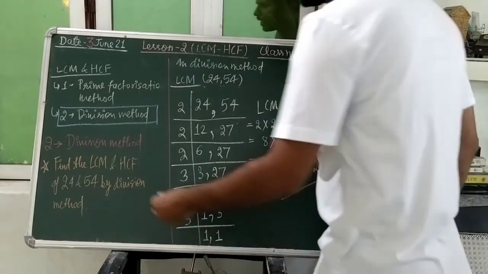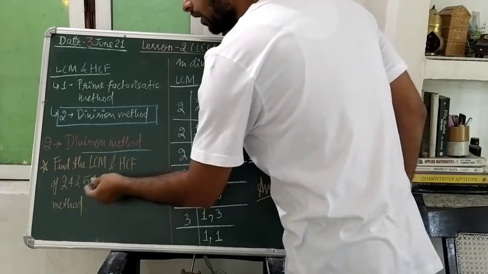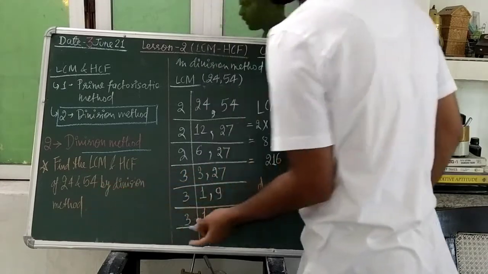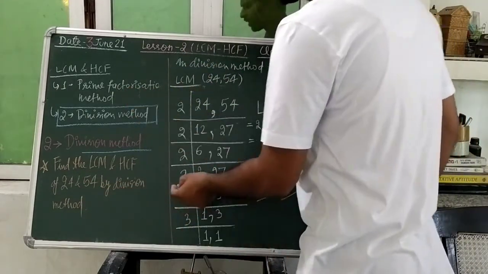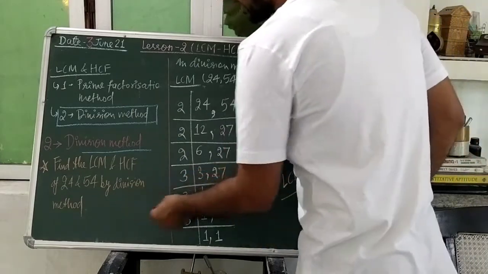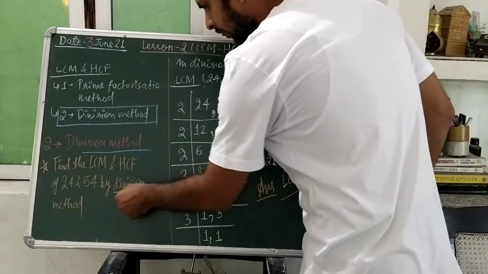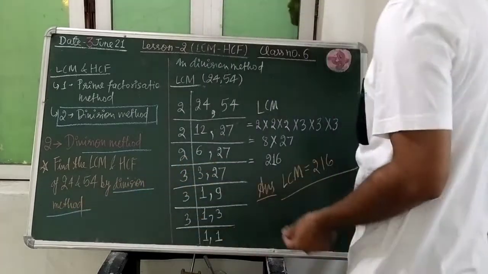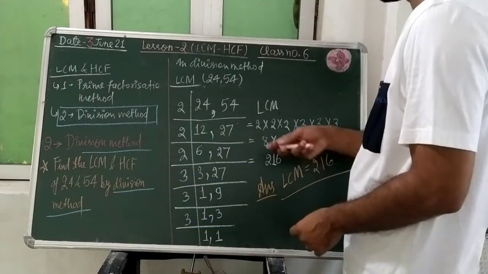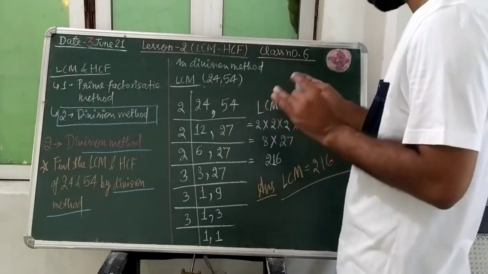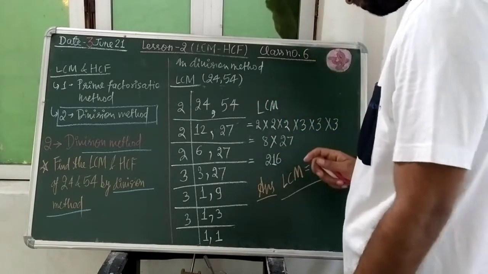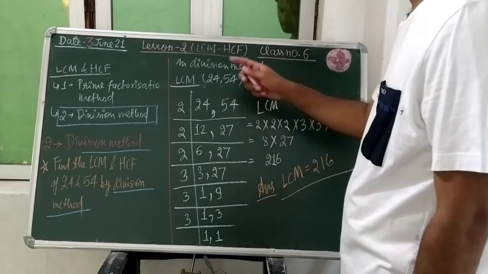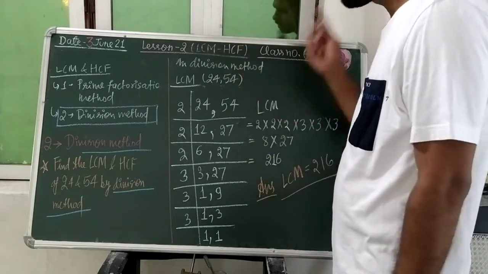So students, in the division method we were considering the same example which has been solved by the prime factorization method, and as we were talking about the division method, that is why we will look into the division method.